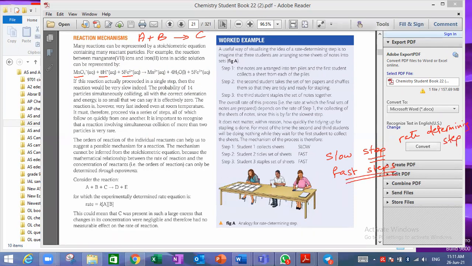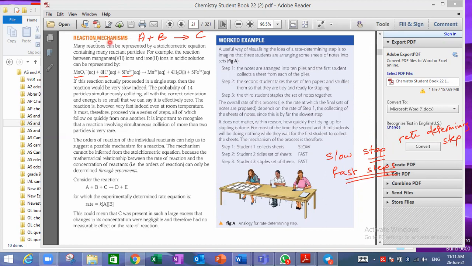And then we have other fast steps. Now, what do we mean by the slow step or the rate determining step? From its name, rate determining step, it shows us that this slow step is the step that is responsible for the rate of the whole reaction.